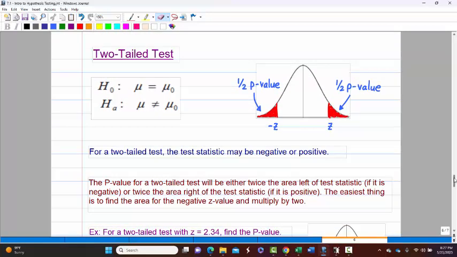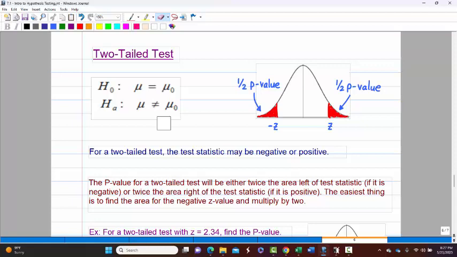Now on a two-tailed test, equal, not equal is called a two-tailed test because it's two ends. If you say something is not equal to something, it can be not equal by being smaller, or by being larger. If you say mu is not equal to 10, well, if it was 6 or 12, it's on either end, where the other ones only go one way, less than or greater than.